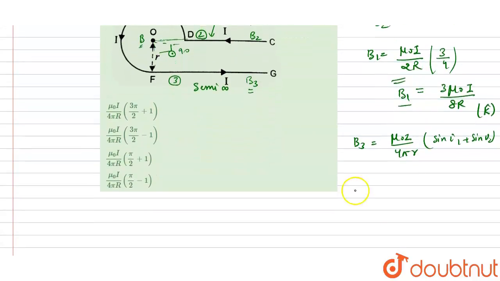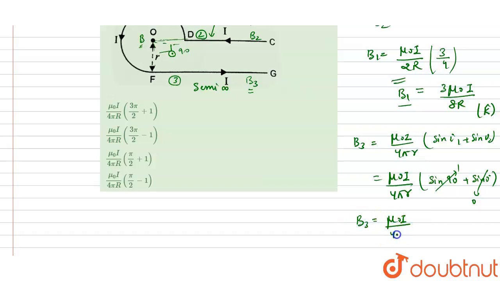So we will put the values: mu naught I divided by 4 pi R, sine theta 1 is sine 90 degree plus sine 0 degree. This is 0 and this will be equal to 1. So the magnitude of B3 will be equal to mu naught I divided by 4 pi R.